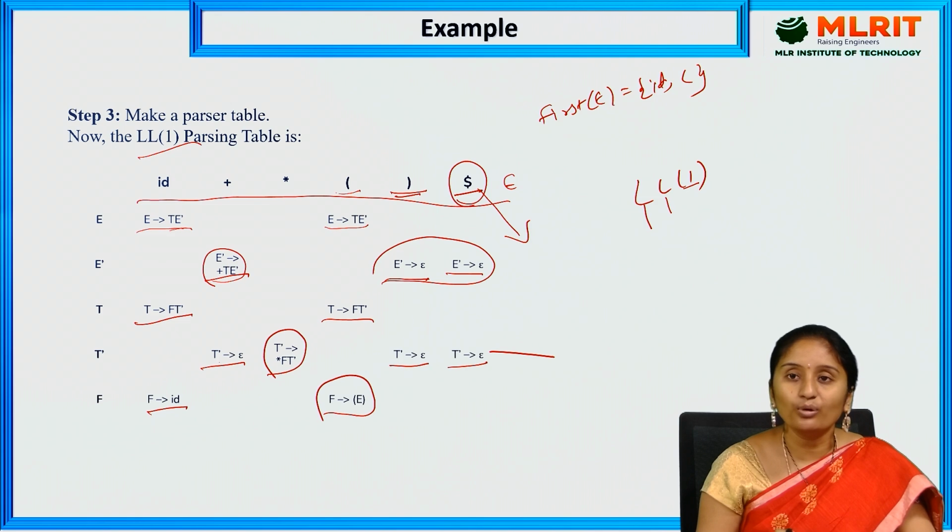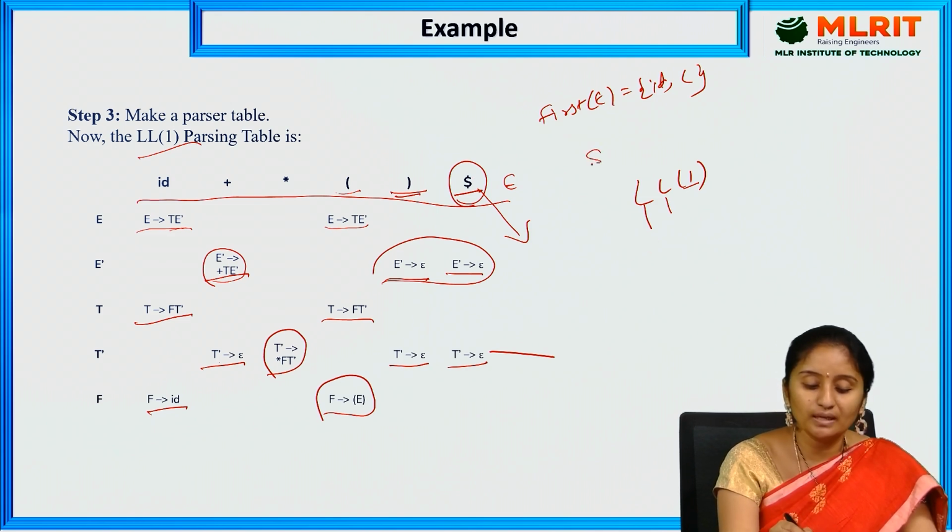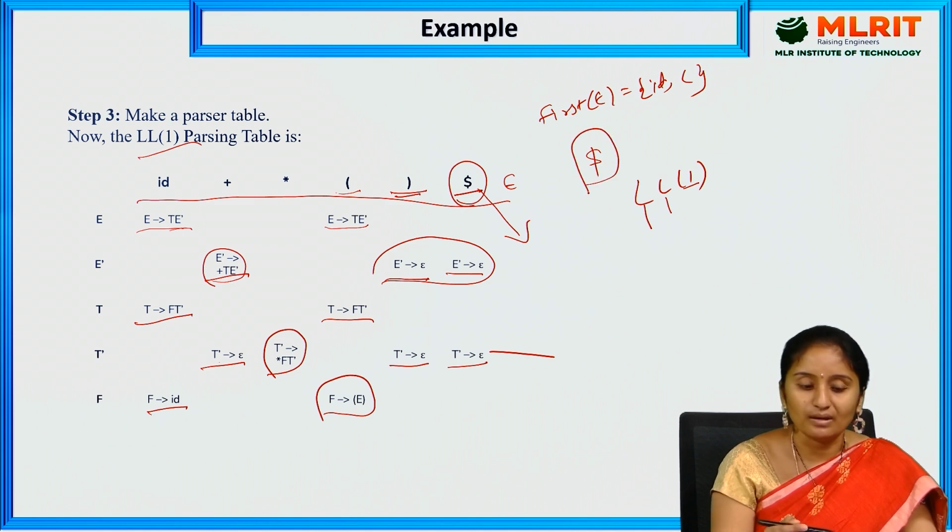That is the end of the string. When we take an input string, we write a dollar at the end, which indicates that I have completed reading my string. We are not going to write epsilon here, but when we calculate the first function, we use epsilon.